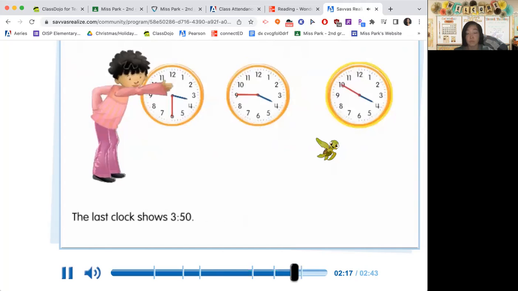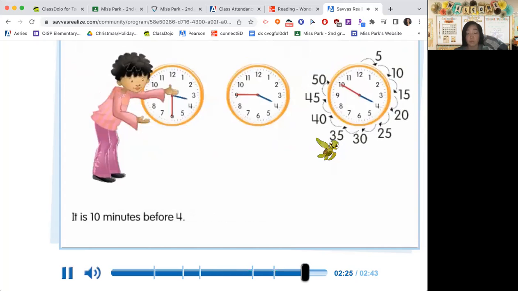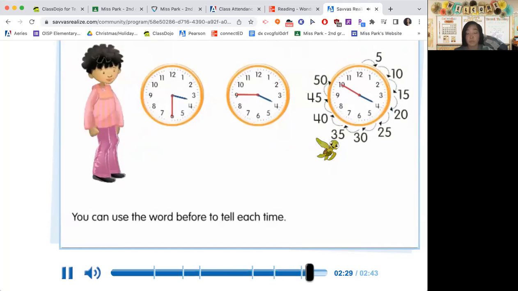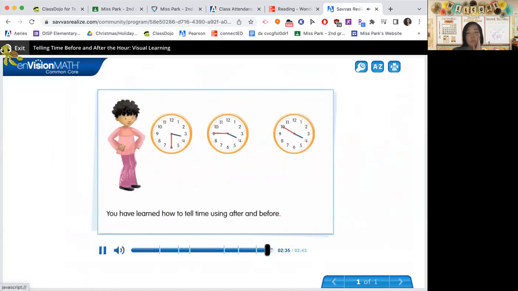The last clock shows 3:50. How many minutes before 4 is this time? It is 10 minutes before 4. You can use the word before to tell each time. You have learned how to tell time using after and before.